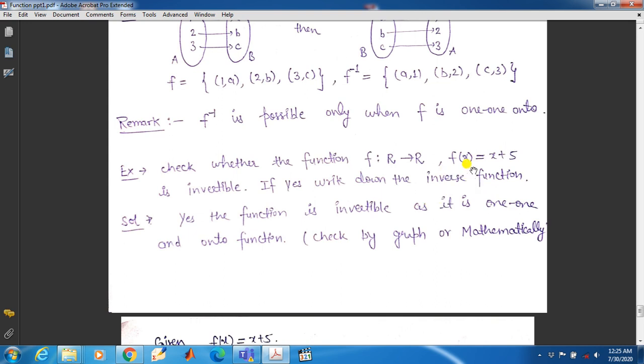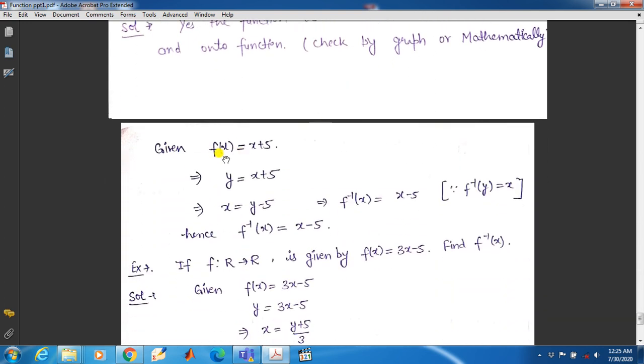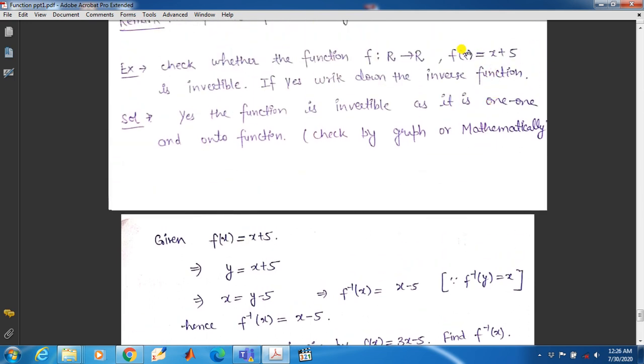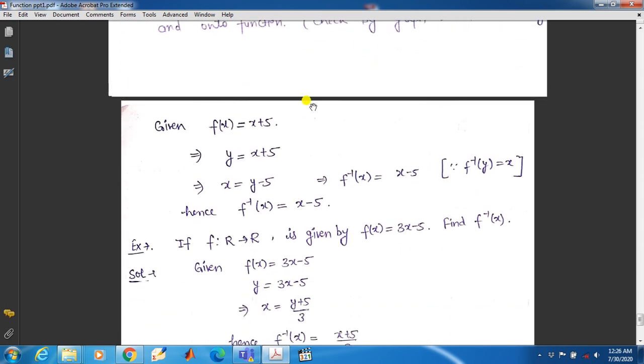Now how to write down the inverse function in that case? It is given that f(x) is x plus 5. What is the term f(x)? F(x) is our y. So this is y equals x plus 5. Find out the value of x from here. X will be y minus 5.